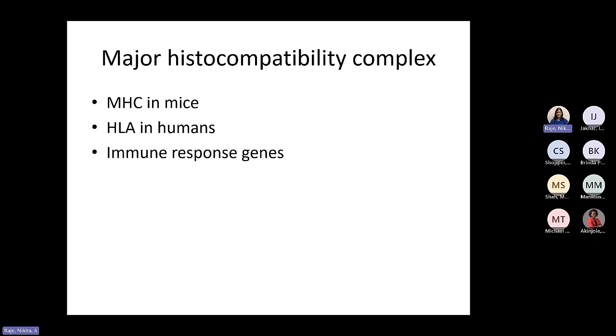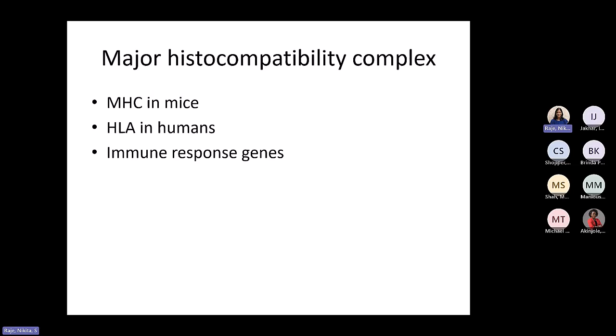Later on, there were some other discoveries where people noticed that individuals who received multiple blood transfusions or kidney transplants had antibodies that recognized cells from the blood or kidney donors, and the proteins recognized by these antibodies were called HLA, or human leukocyte antigens.